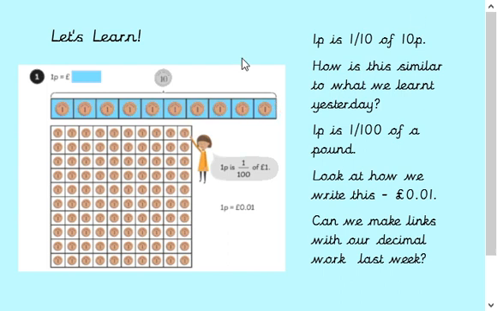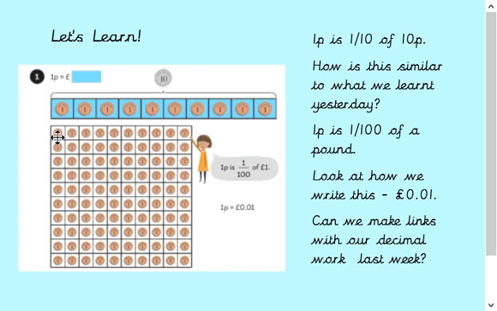So just like a 10-pence piece being 1/10 of a pound, here we've got 1 pence being 1/10 of 10 pence. This also means that if we wanted to find out how many pence pieces there are in a pound, you can see we've got a grid here that shows us.